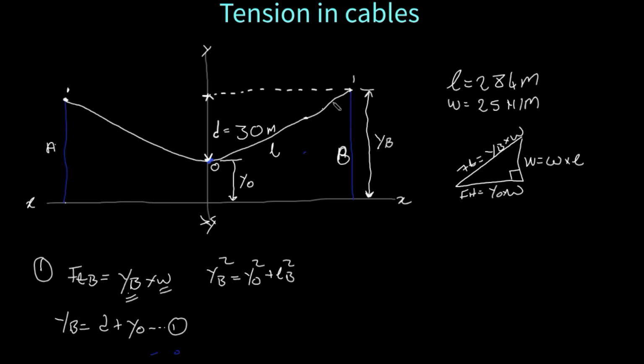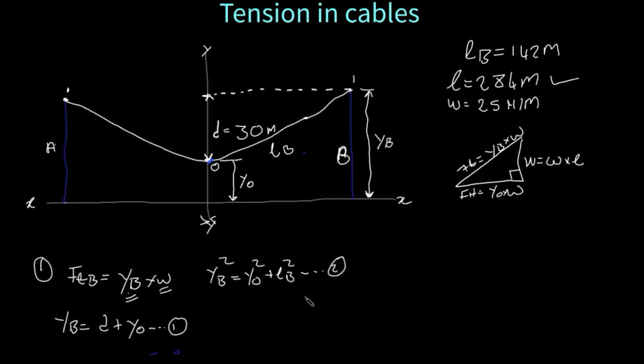LB will be the length of the cable from the turning point to the top of support number B, and it will be half because these two supports are on the same level and they are equal. It is going to be half of the total length of the cable, which gives us 142 meters. This will be our equation number 2.